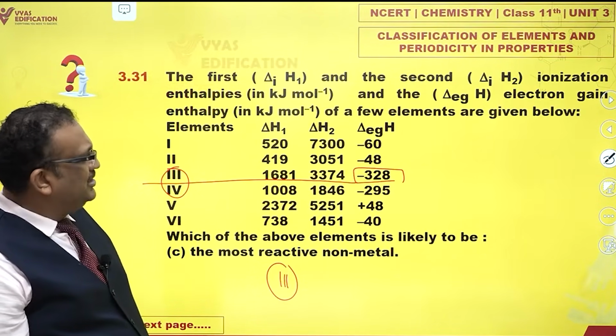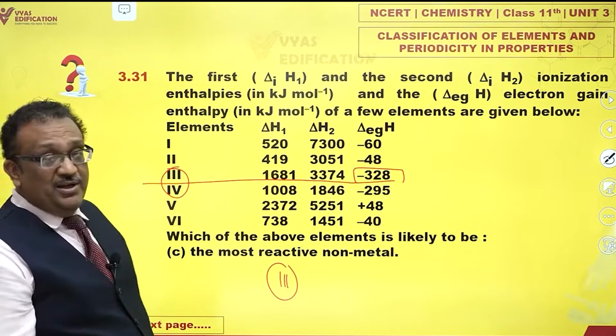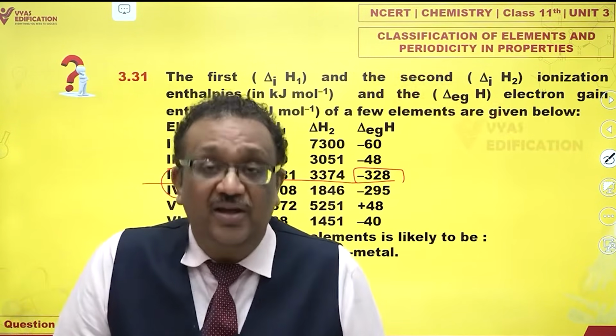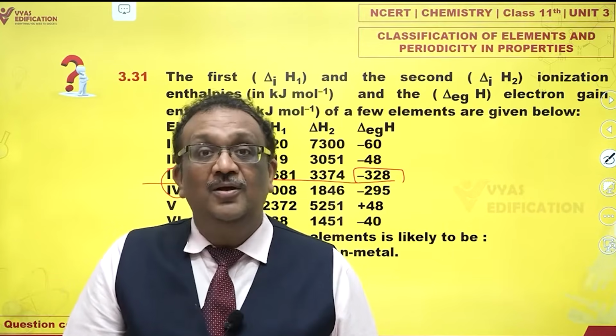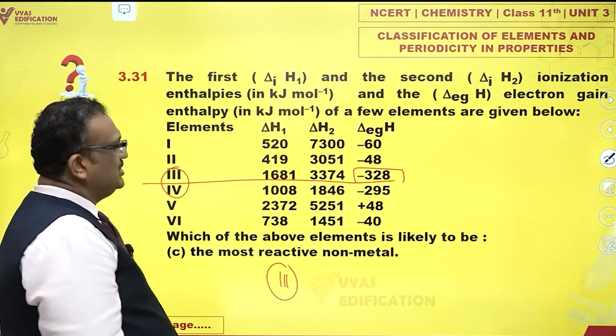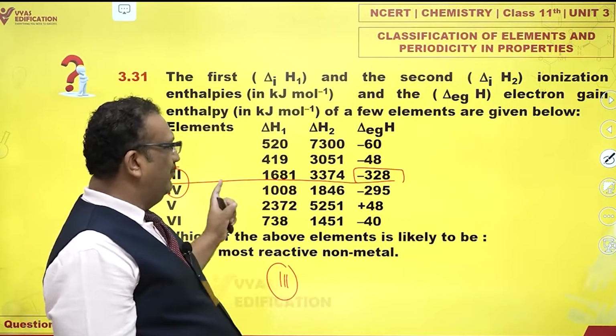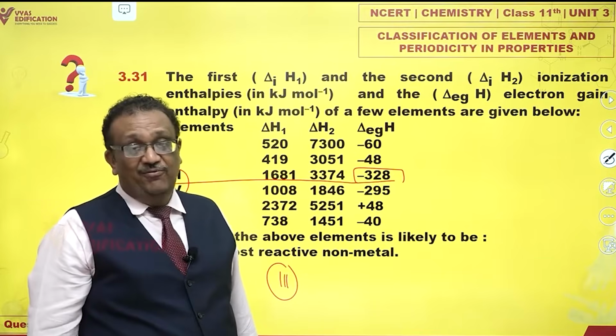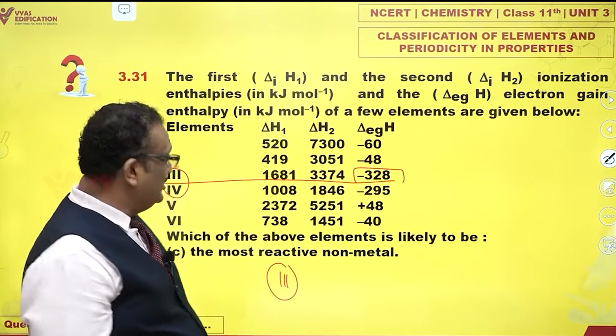Is that the only criterion? Actually, it is not, because the electron affinity of chlorine is even greater than that of fluorine, although fluorine happens to be more reactive. But based on this data, this seems to be the only thing we might be able to infer, unless we remember the exact values of electron affinities of F and Cl.